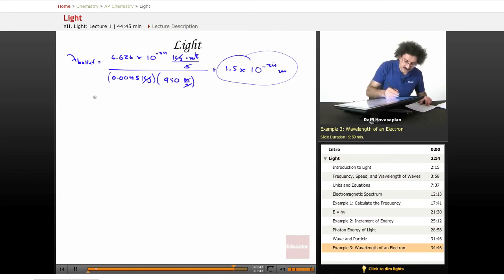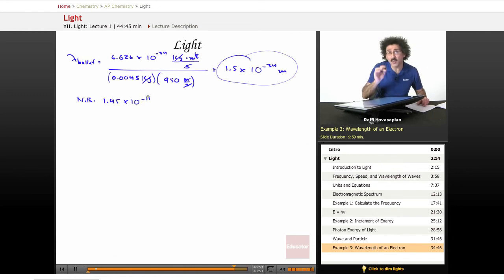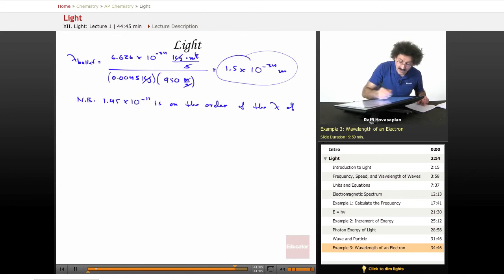So let's make some observations and we'll go ahead and close off this discussion. 1.45 times 10 to the negative 11 is on the order of the lambda of X-rays.